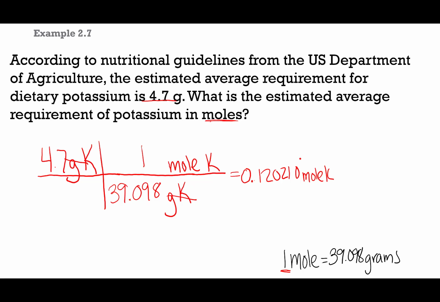Again, we've got to consider significant figures. So where do we look for that? We always look in this first quadrant here. So we're limited to 2 sig figs. So the answer that I would report is 0.12 moles of potassium. That would be the correct answer.